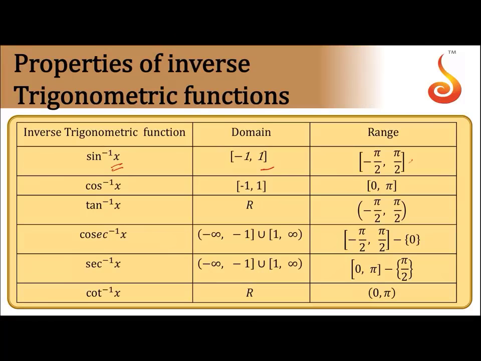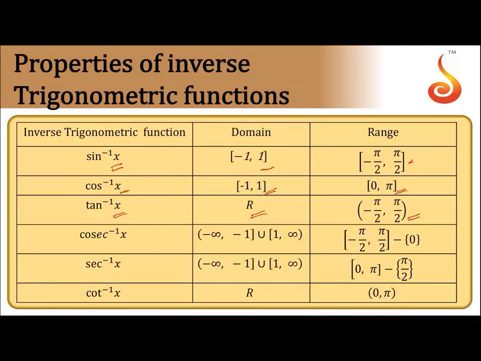Cos inverse x is the inverse function of cos x, whose domain is minus 1 to 1 and the range is 0 to pi. Tan inverse x is defined on the set of real numbers and its range is minus pi by 2 to plus pi by 2.